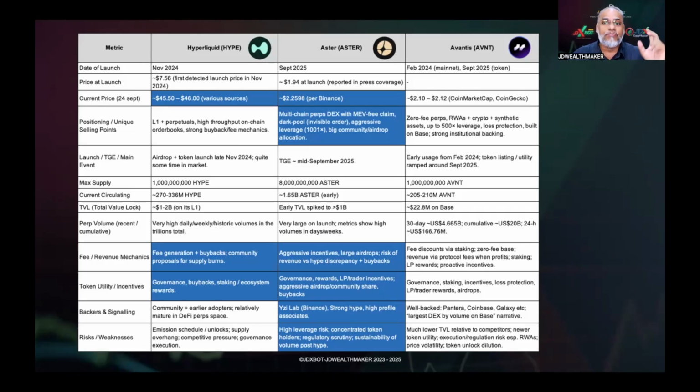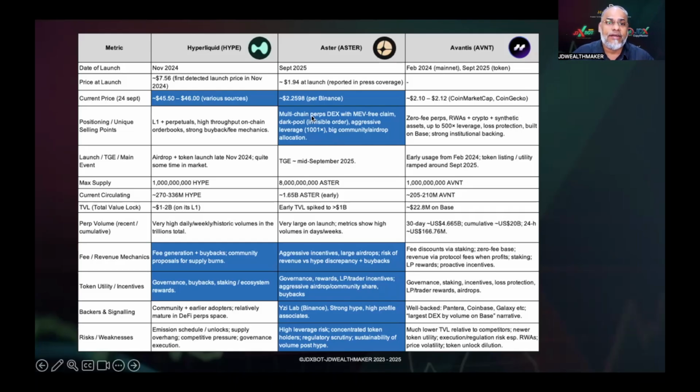So in order to play this game and take back this market capitalization, Binance has to think of a way to do it. They have what they call incubators, their own launch pad, and this is where ASTER actually came on board.